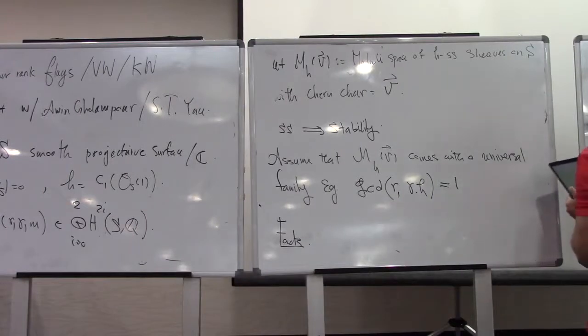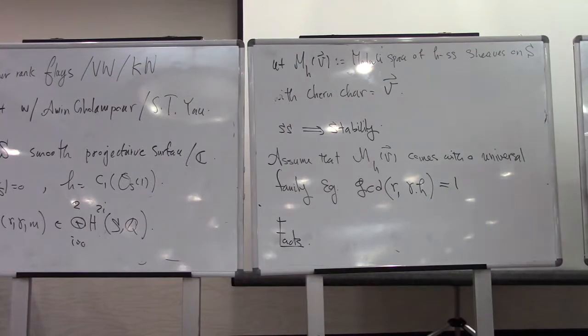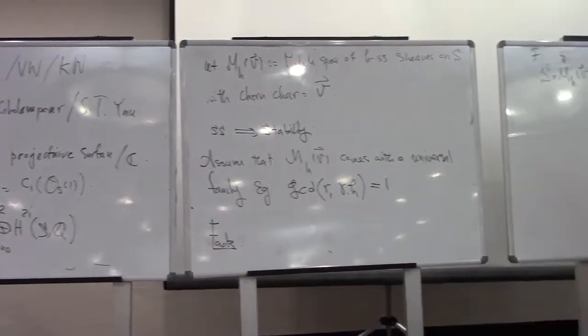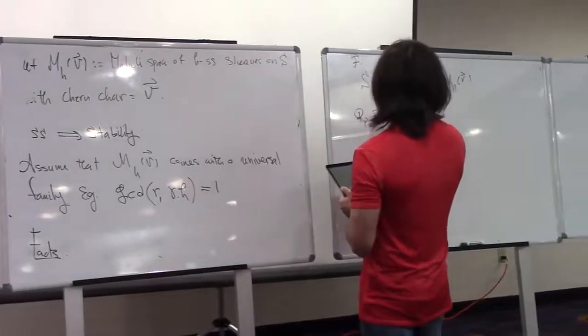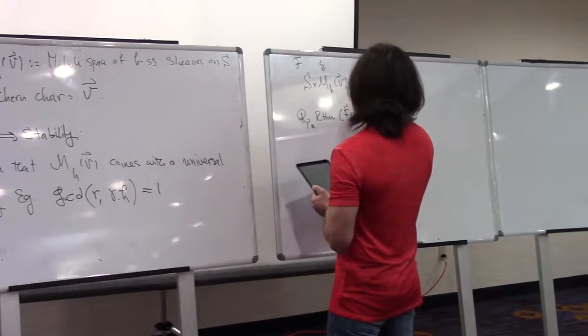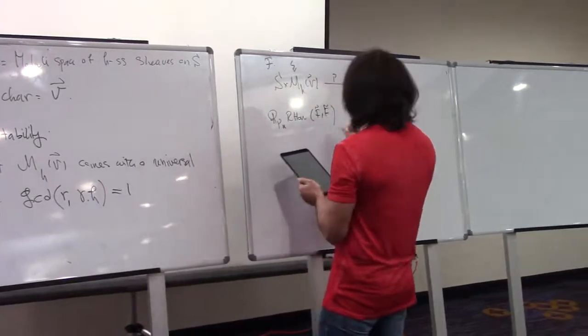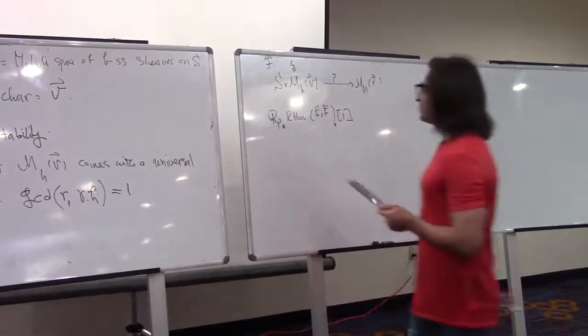If I have the product of S with the moduli space, with this projection map, then my universal sheaf lives in here, and there is this object in the derived category, R π_* of the universal sheaf, and we look at the trace-free part.